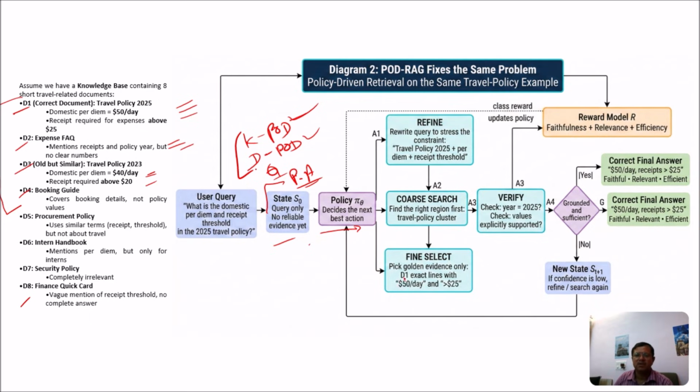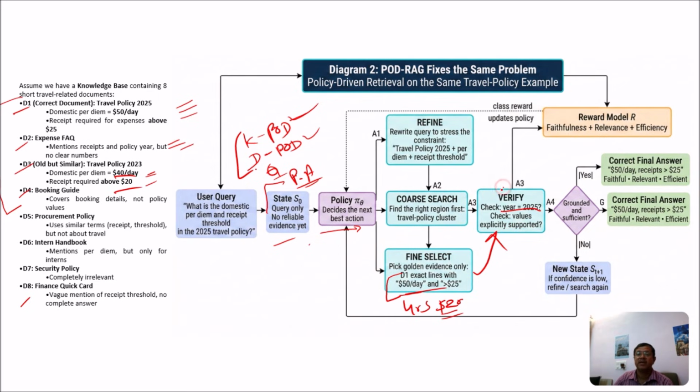And suppose here the answer is still the old answer, like $40 per day, because by mistake it again selected this, and $20. If your expense is more than $20, then you have to report it with evidence. Then the verification phase identifies that the year 2025 is not checked properly.